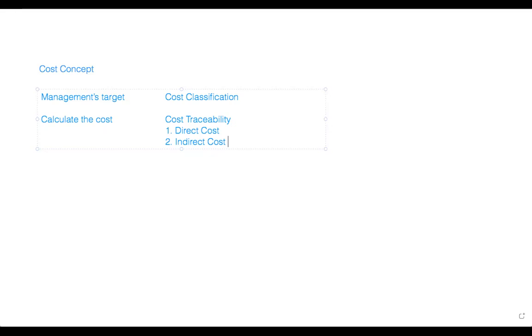In a management accounting system, the company has to measure and assign costs to entities. Those entities are what we call the cost object. The cost object is any item, including product, customer, department, project, activity, and so on, for which costs are measured.